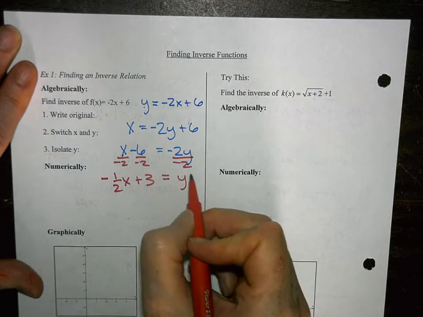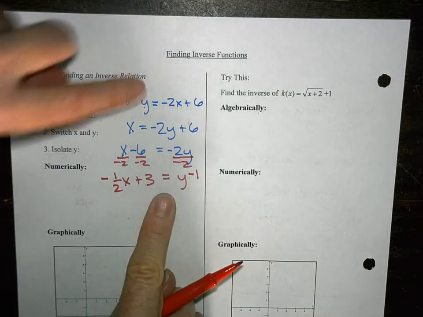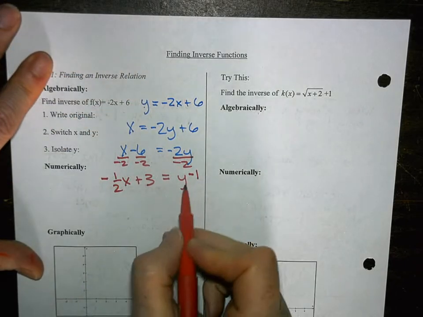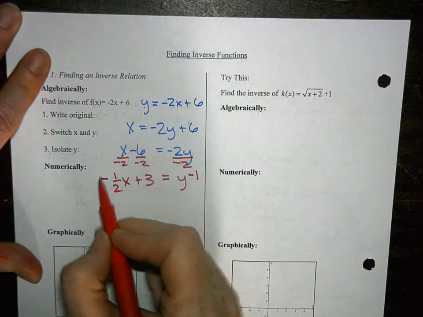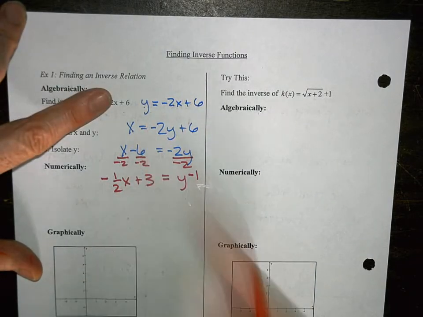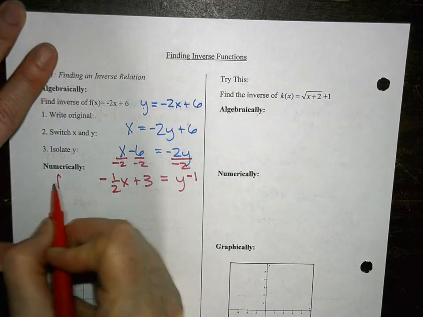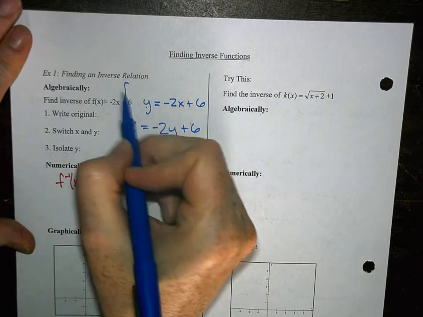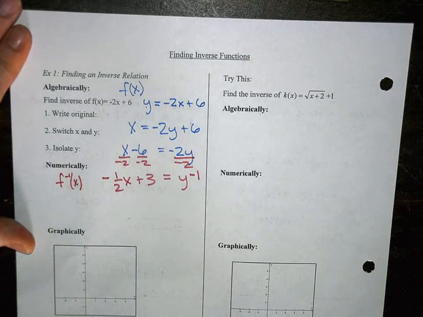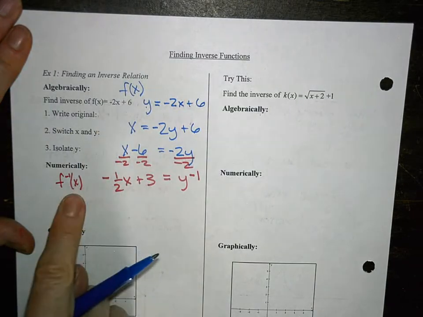This is the inverse of this. And this is a superscript there. So this is the inverse, this is the original function. All right, f inverse of x. This is up here, f of x. Sometimes we call it y and y inverse, y little negative 1.